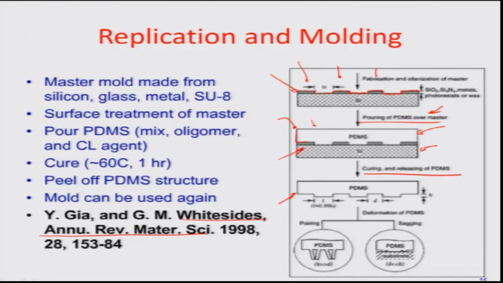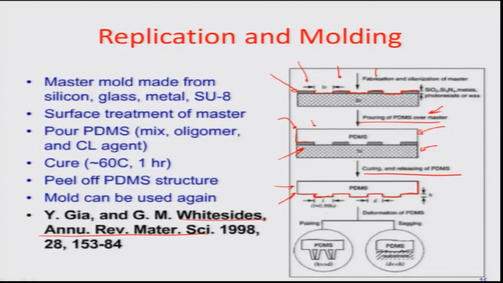As you can see, the rubber formulates a negative of the pattern which was there on the surface of the micro mold.